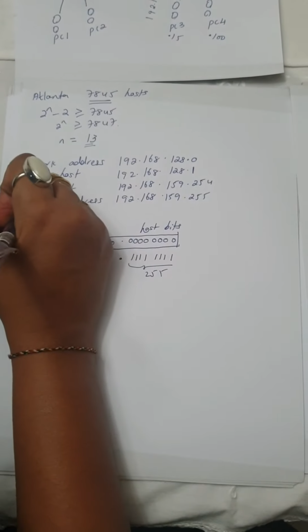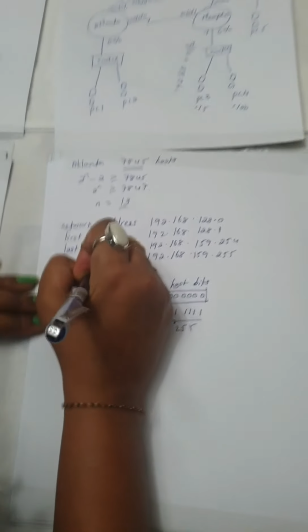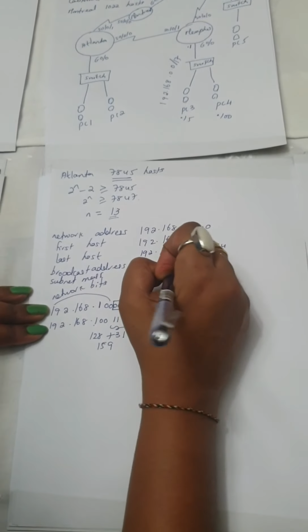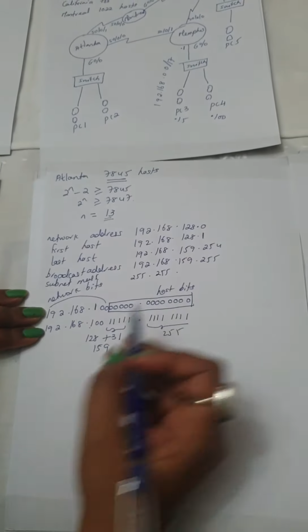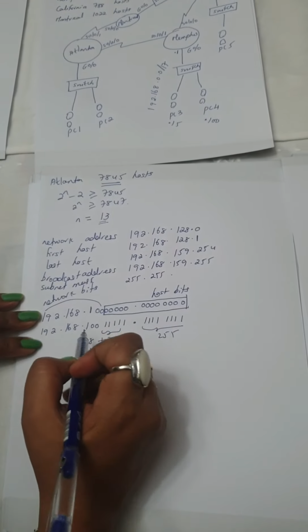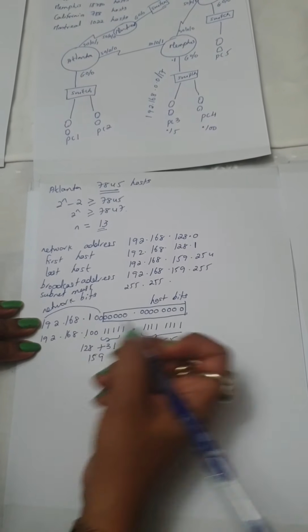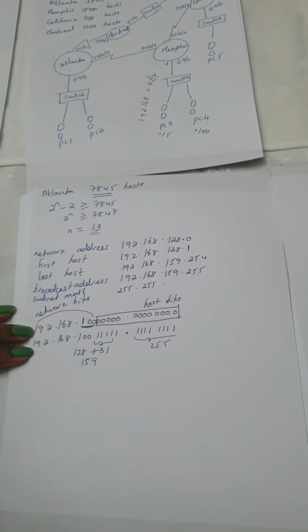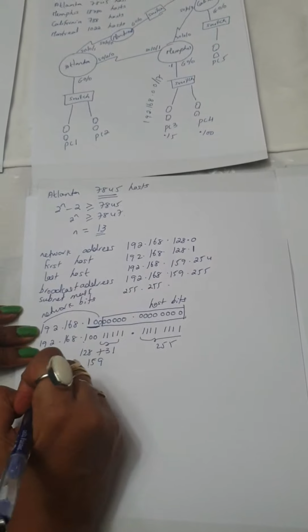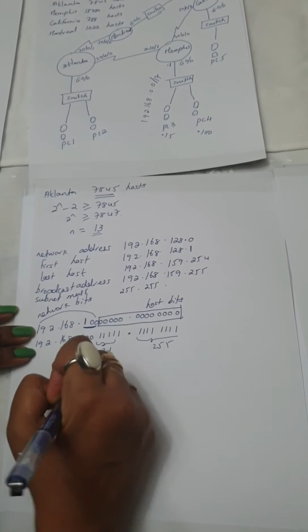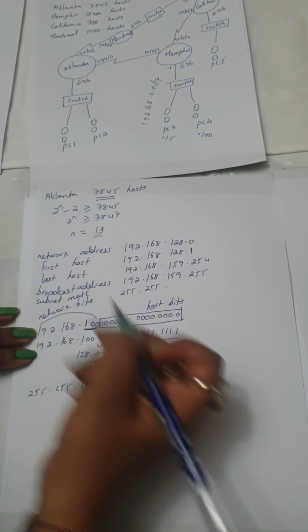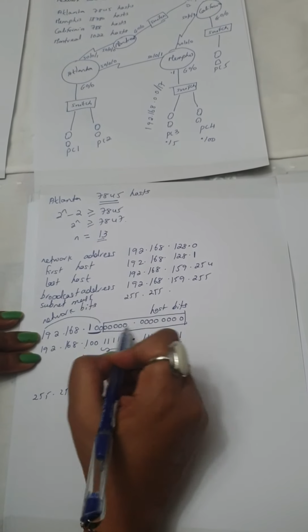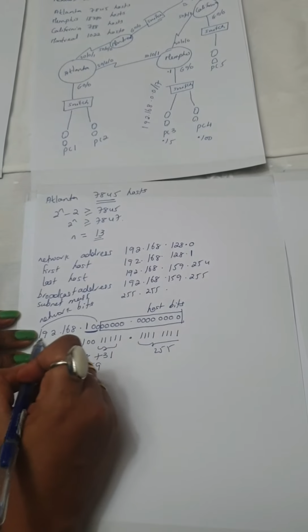Now the subnet mask for this network: 255.255, because the network portion didn't change. And here for the subnet mask, we have only these 3 bits in the subnet mask, so only these 3 bits are network portion here. The rest is the host portion. All this is network portion.